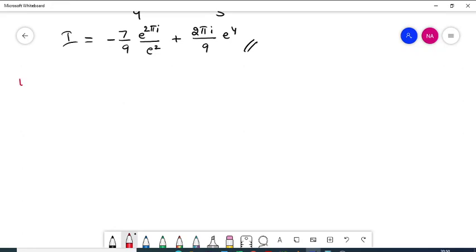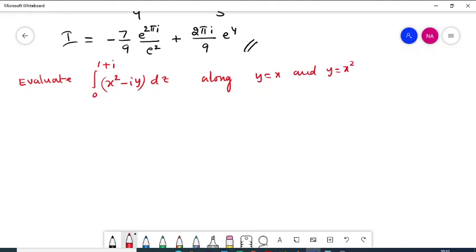Evaluate integral from 0 to 1 plus i, it is mentioned, x square minus iy dz along y equal to x and y equal to x square. I think this is not Cauchy's integral formula, and this actually comes under line integral. It should have been given in the first class. So try to solve this one.